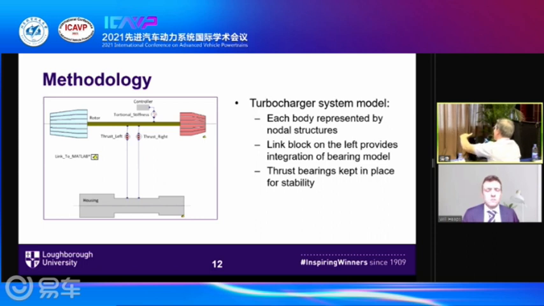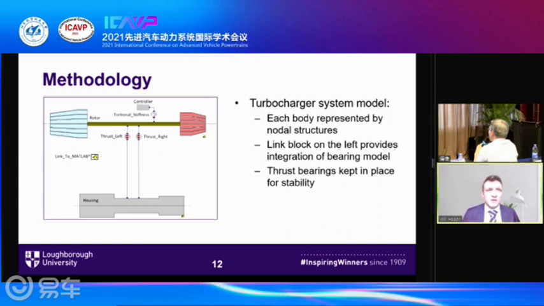So, for instance, if I turn your rotor 90 degrees, instead of horizontal but vertical, will your result be the same or different? Theoretically, they should be the same because the stiffness and damping have been treated the same all the way around in 360 degrees of freedom.